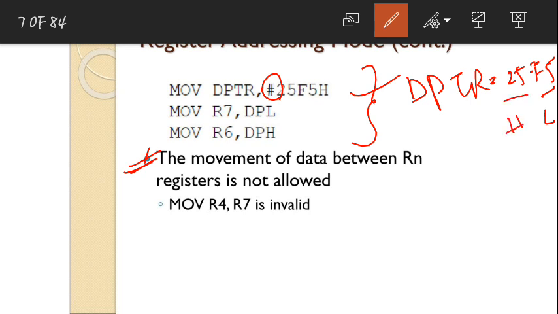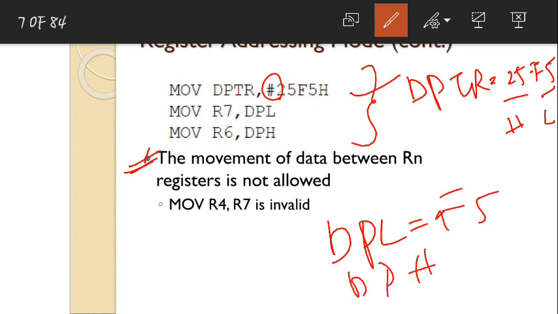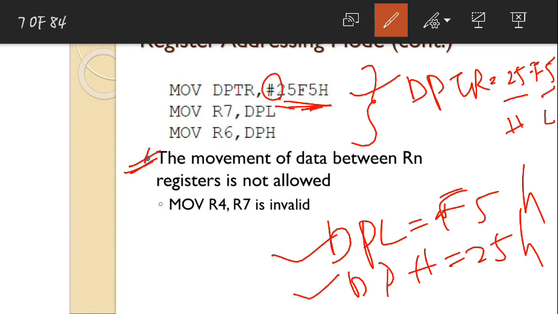If you divide this into 8 bits, lower byte and higher byte, DPL consists of F5 and DPH will have 25H. Do you agree with this? This is DPTR, where we moved the value 25F5H. The lower byte of DPTR consists of F5, so that is what I have written here. The higher byte of DPTR has 25, so that is what I have written here.